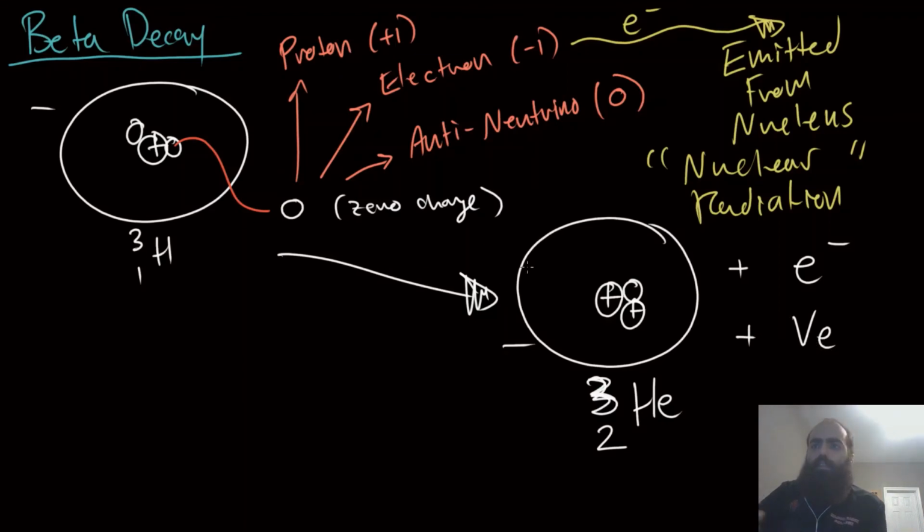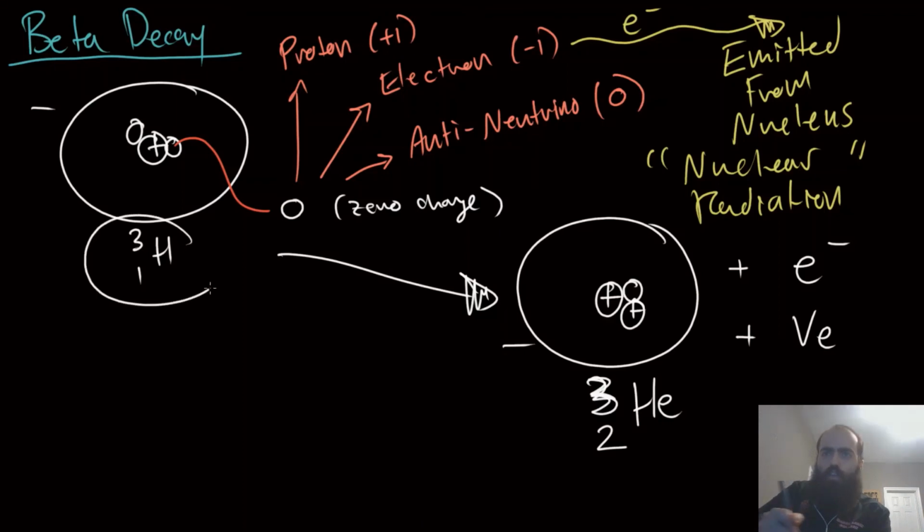So this is what happens in beta decay. Some radioactive isotope has a neutron inside of it, and that neutron becomes a proton, an electron, and an antineutrino. That electron and the antineutrino get kicked out of this nucleus, and because you've gained a proton, now you've transformed your element.